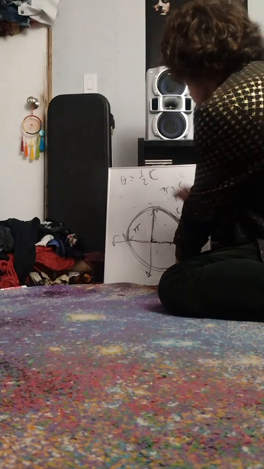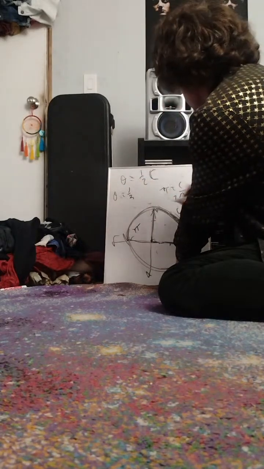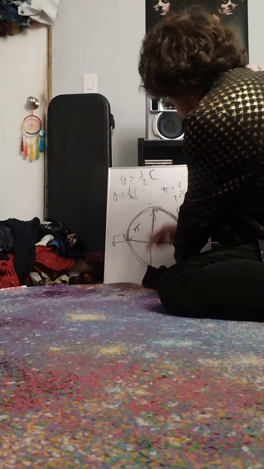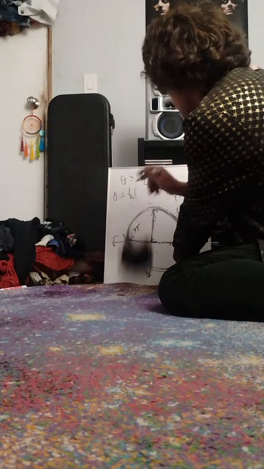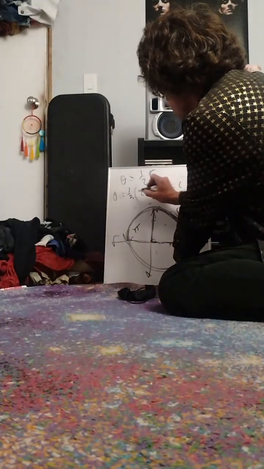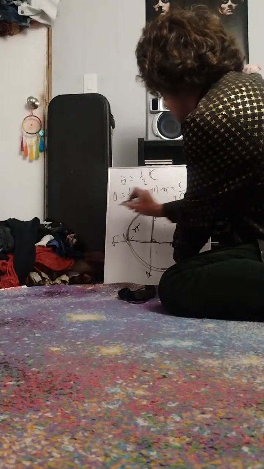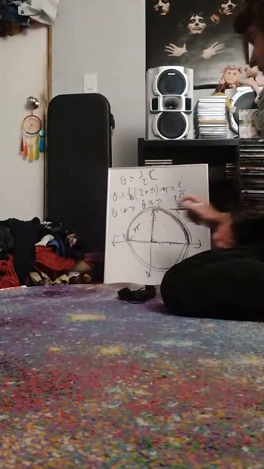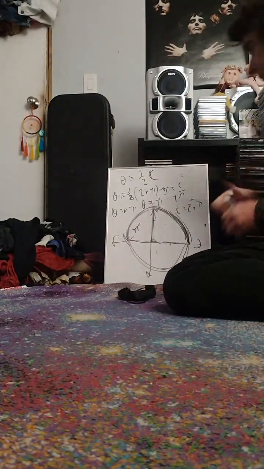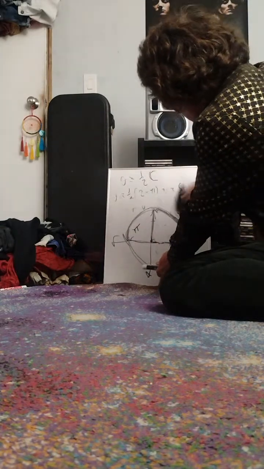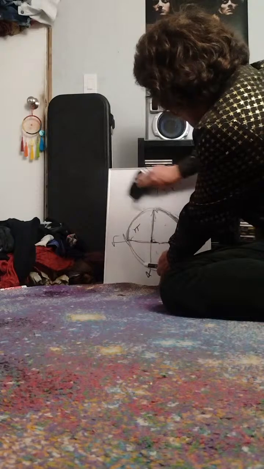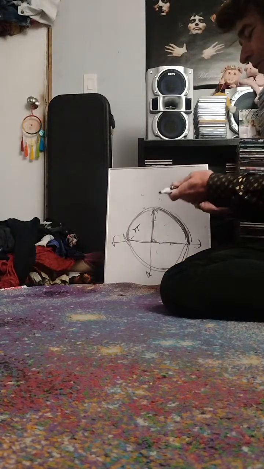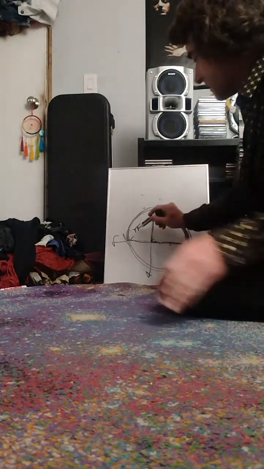And that's right. So theta equals 1/2 of c, but c is 2r pi. The 2 divided by 2 cancel each other out, so theta equals r times pi, but r is 1, so theta equals pi. That's the angle theta right here. Sorry that took me so long. I had to work that out though. Okay, we worked that out. So that means this angle, which gets called 180 degrees, is actually pi radians.